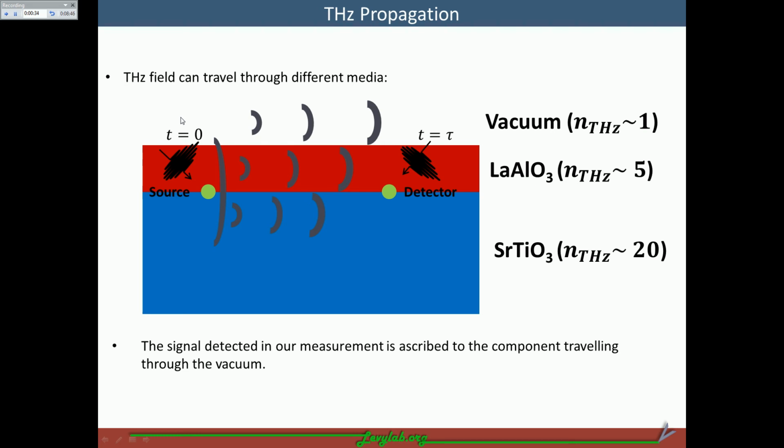And because of the range we scan in the time domain, we think we only capture the component in the vacuum. This can also explain why we do not see any signature in the time domain about the interaction between the terahertz field and the material.